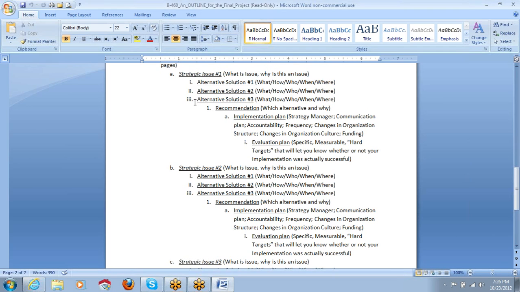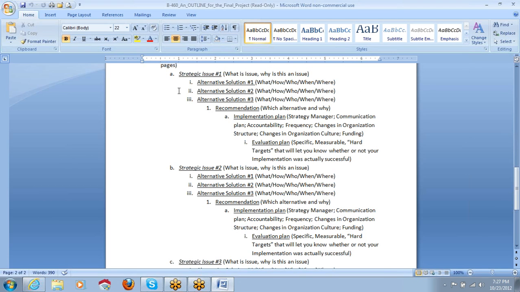You know, one solution for a lot of places is, well, we know we need to fix it, but we're just going to ignore it and hope it goes away. That's a solution. It might not be a good solution, but it's a solution. Another solution for a lot of problems is, well, we're just going to spend a lot of money and see if we can fix it. Again, it might not be a great solution, but it's a solution. This is your chance to think outside the box.